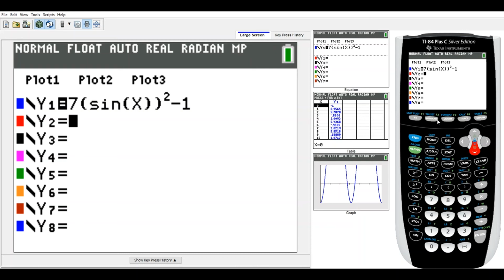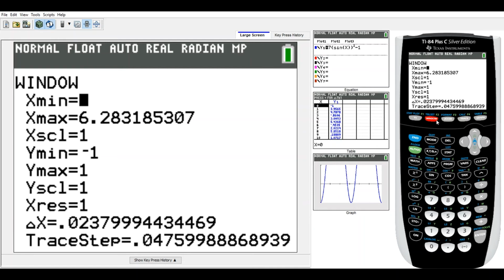Okay. So let's go ahead and look at our window for a second. Remember, we have 0 to 2 pi on here, which is perfect. Our y values are large enough that we can see the intersection. And so we didn't have to make y min or the y max very big here because the intersection's happening along the x-axis.